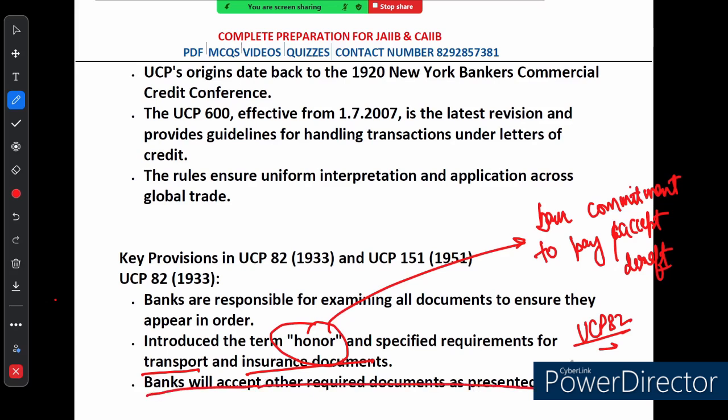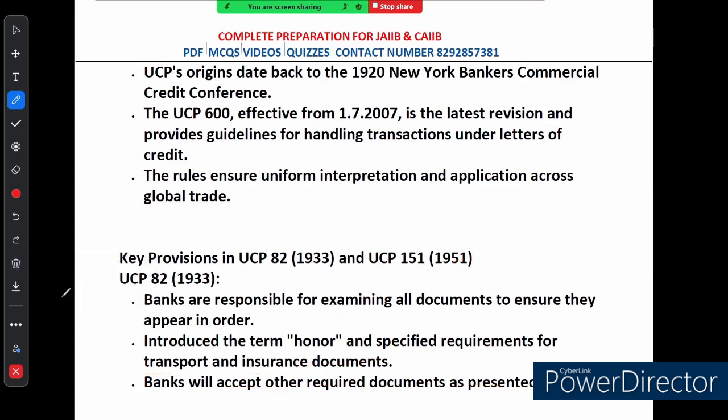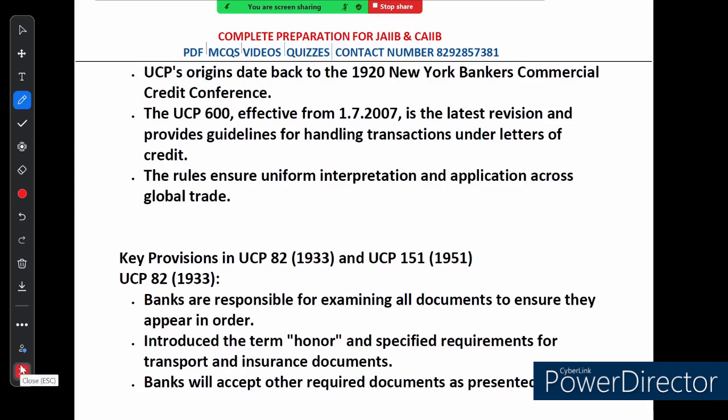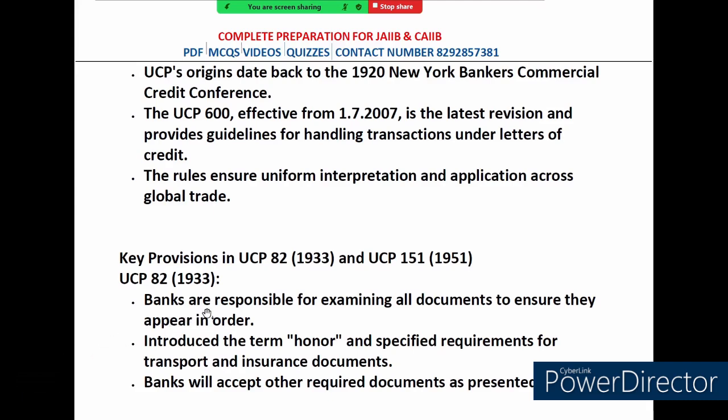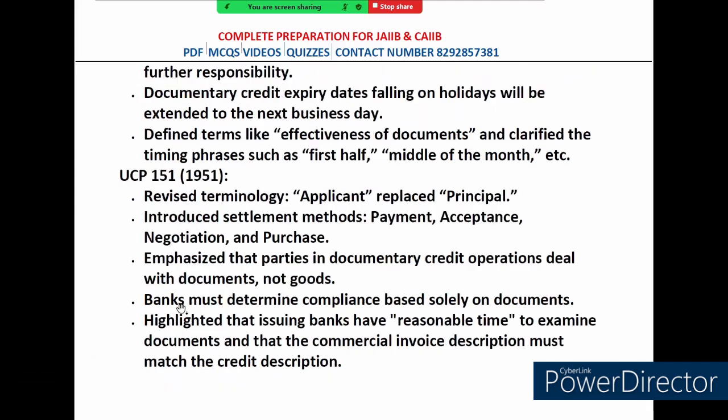So this is all about UCP 82, and these early provisions laid the foundation for the robust and secure system of trade we see today under the UCP 600.